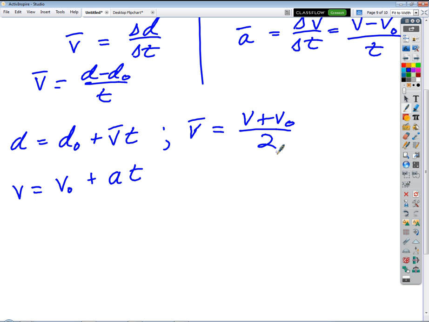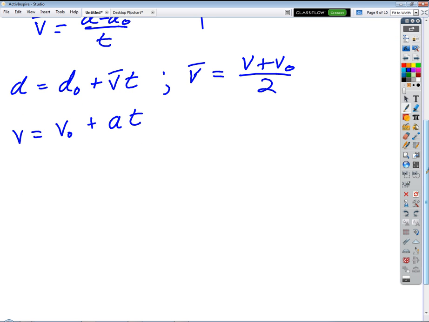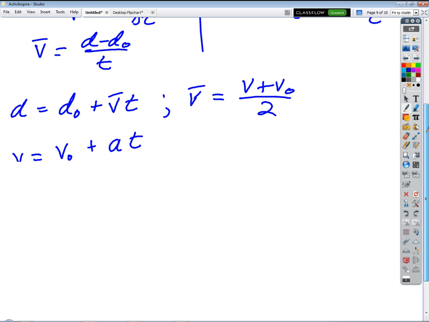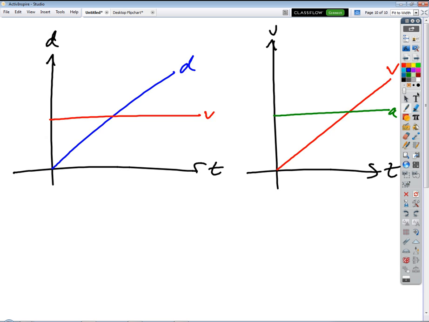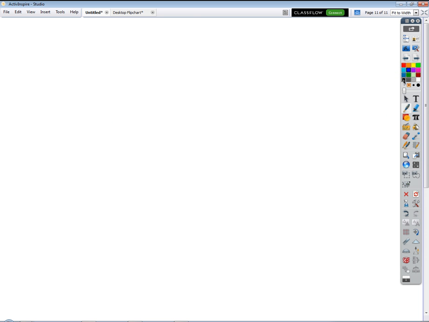What else do I get here? I get another equation I'm just going to give to you. Actually, before we do that, let's use one of these a little bit. Here's the situation. We've got a guy standing on the edge of a cliff.